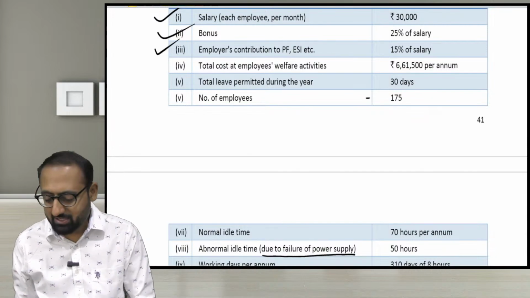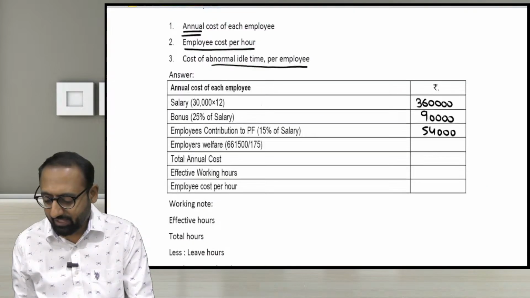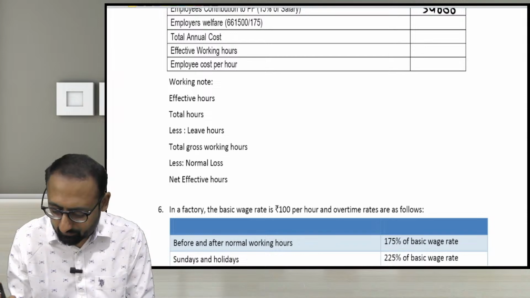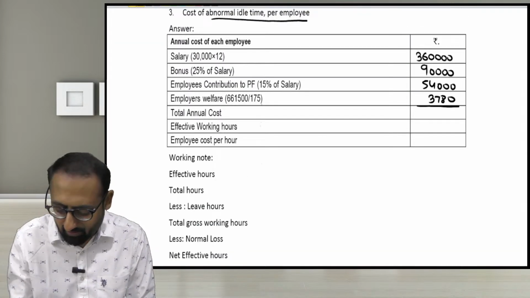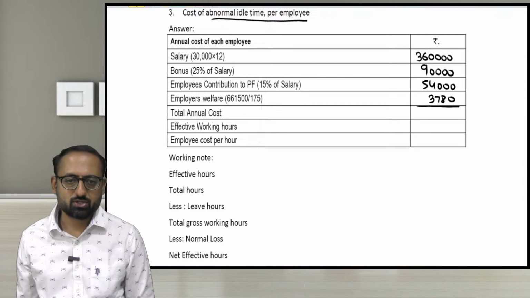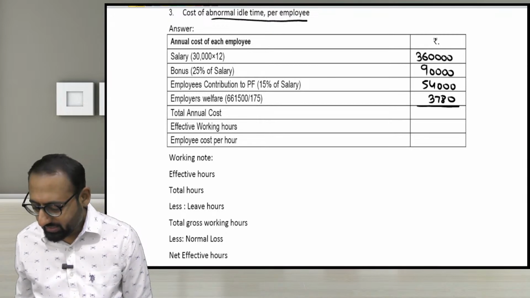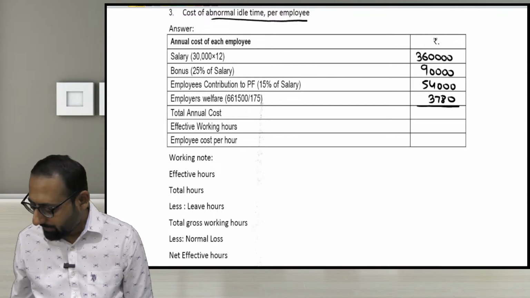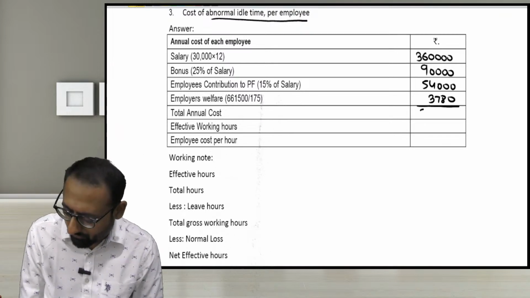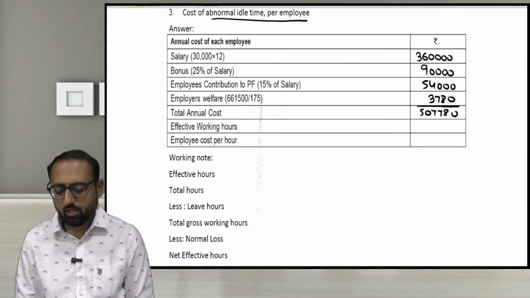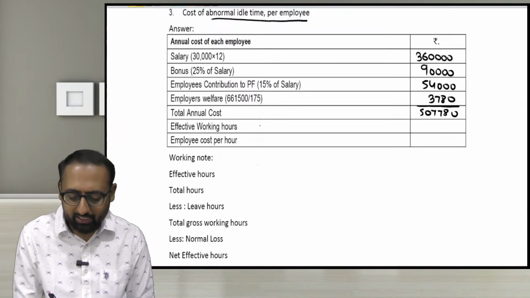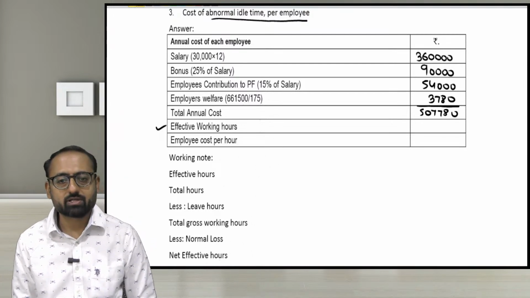So divided by 175, 3780 is your answer. Now let's see the annual cost of one employee. 3780 plus 54,000 plus 90,000 plus 3,60,000. Total cost comes to 5,07,780.